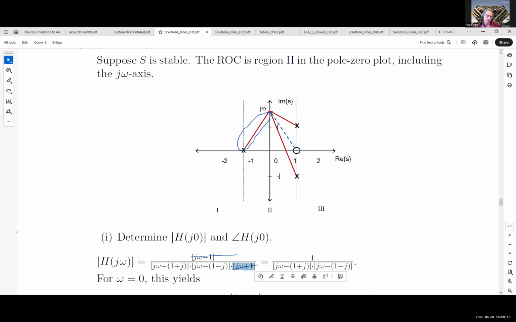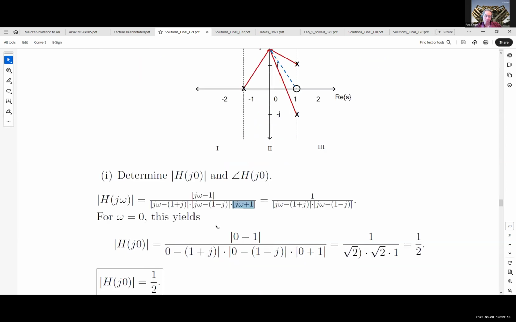So the only thing left that you really have to think about is the lengths of these other 2 red vectors in the denominator: j omega minus that first pole and j omega minus its conjugate pole. That's the general form, but you're asked specifically about omega equals 0.